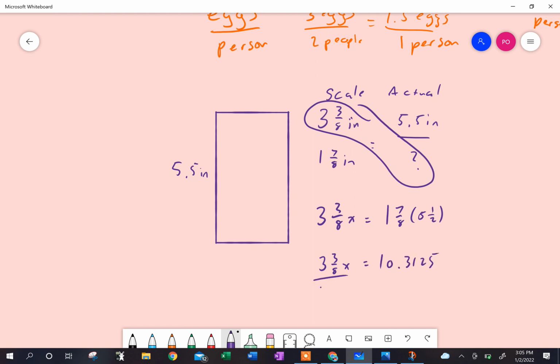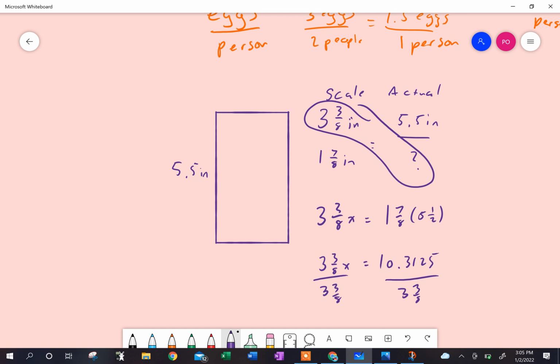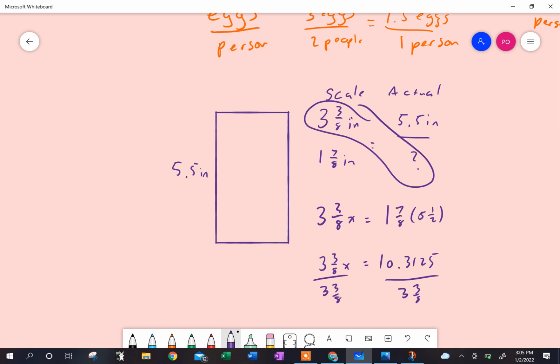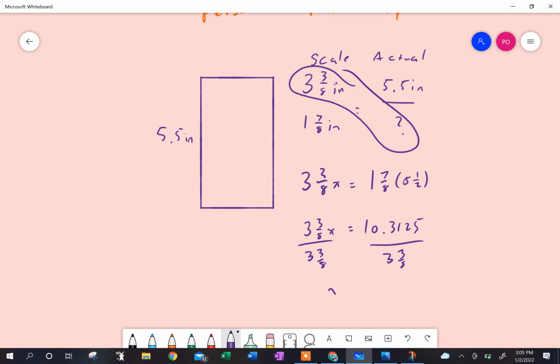I'm going to divide by 3 3/8. That is 10.3125 divided by 3 3/8, which gives me about 3.1 inches.